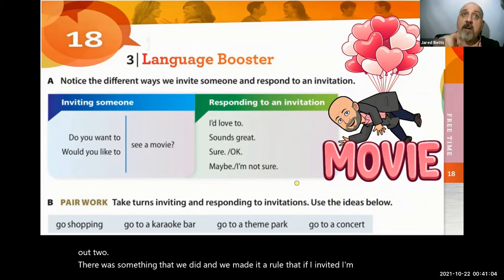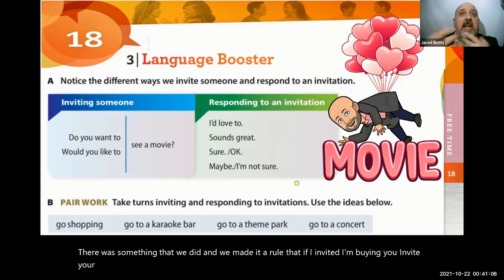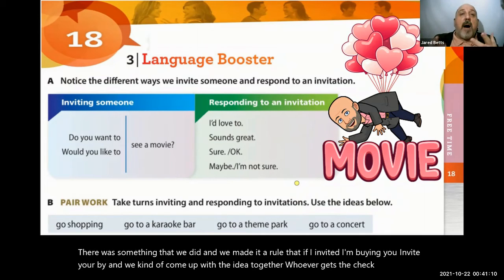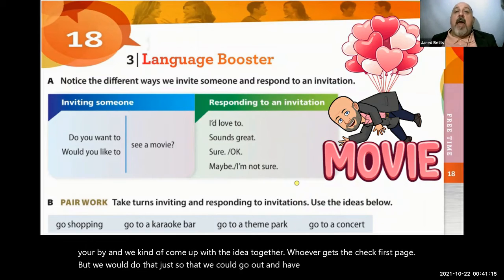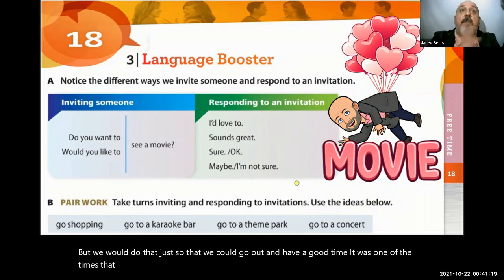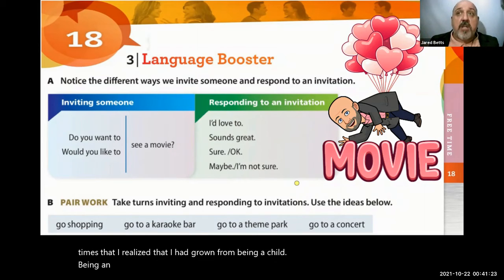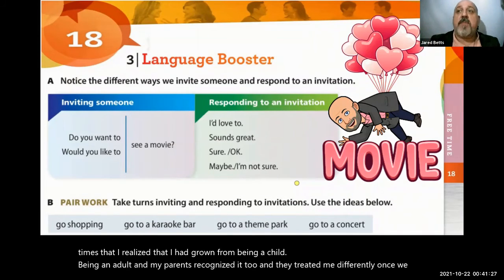You invite, you're buying. We kind of come up with the idea together. Well, whoever gets the check first pays. But we would do that just so that we could go out and have a good time. It was one of the times that I realized that I had grown from being a child to being an adult. And my parents recognized it too, and they treated me differently once we made that transition.